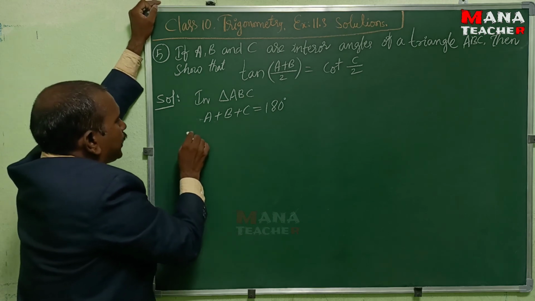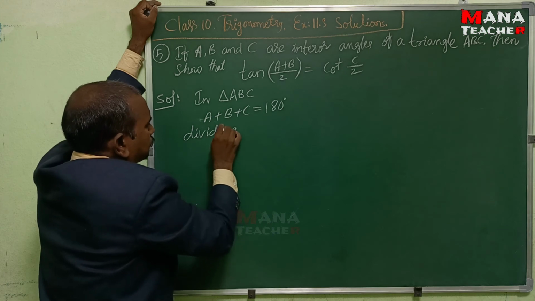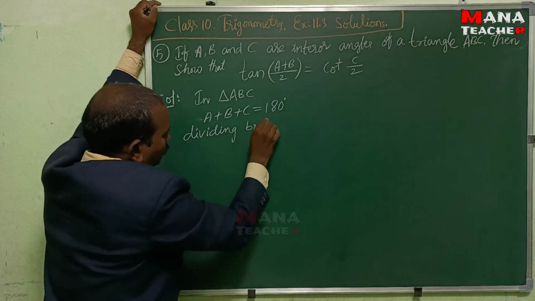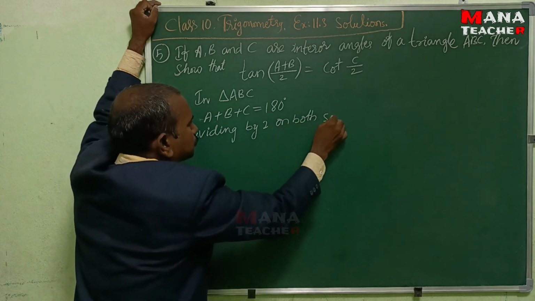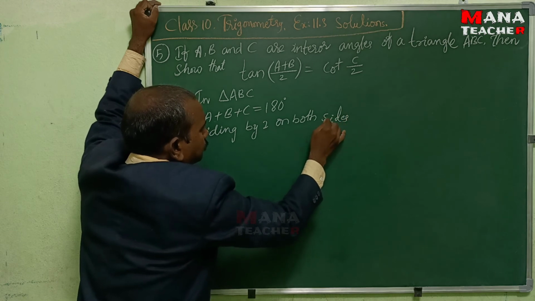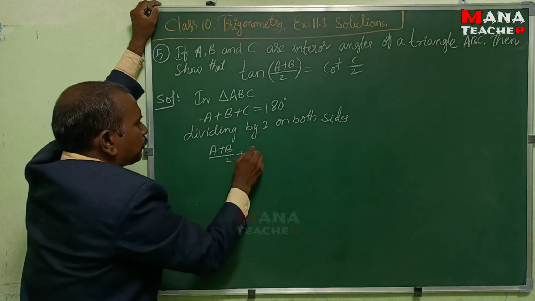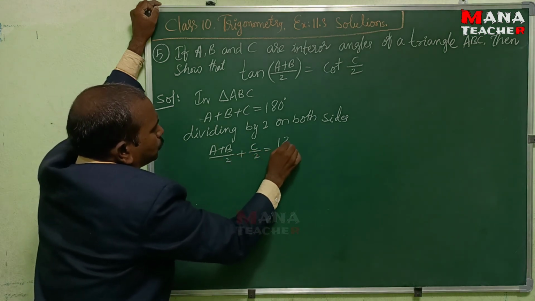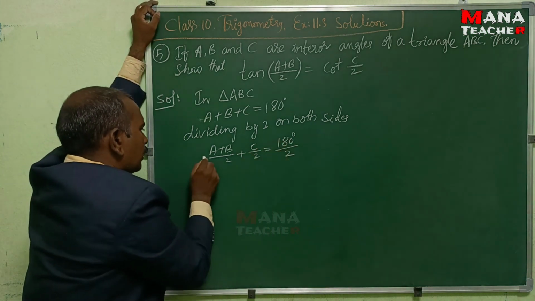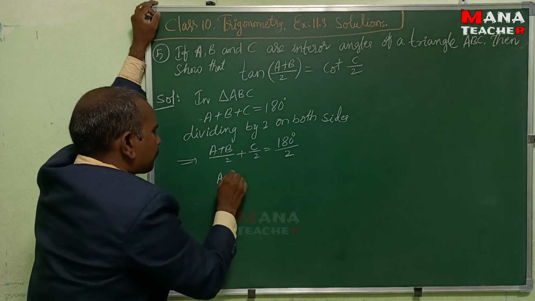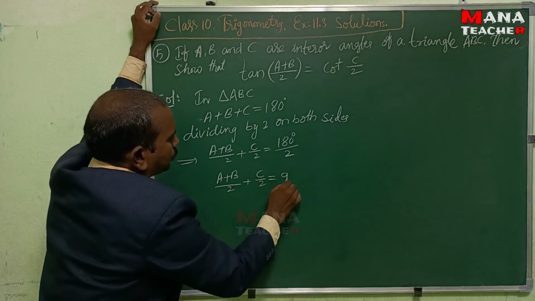Now dividing by 2 on both sides, A plus B by 2 plus C by 2 equals 180 degrees by 2. Next, A plus B by 2 plus C by 2 equals 90 degrees.